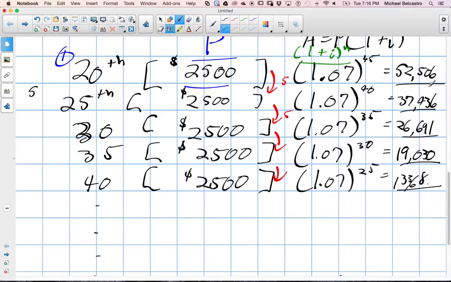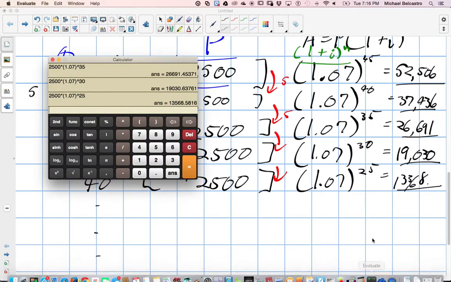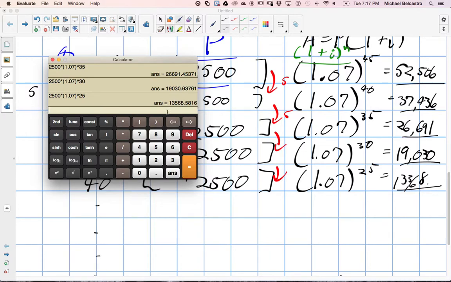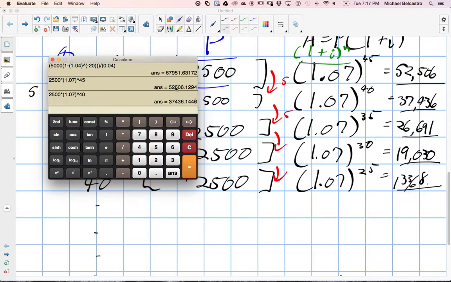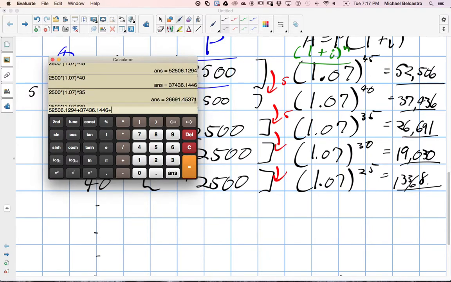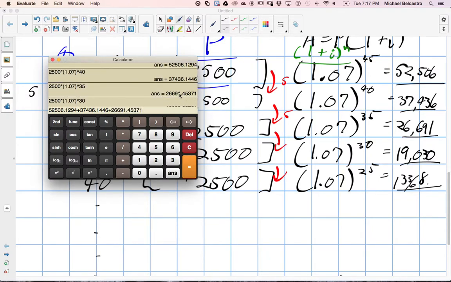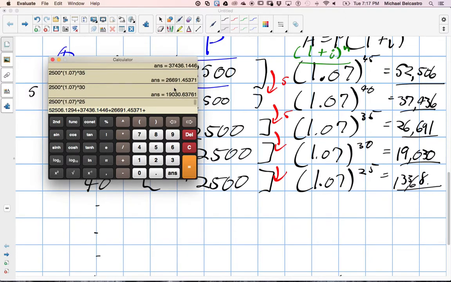I kind of screwed us out of all of our pennies, so we might be a couple dollars short in the end, but for time's sake. So let's add these all together. I think on this calculator I can just steal the values. Plus, plus. It makes it easy, and now I'm not messing up any of our cents.